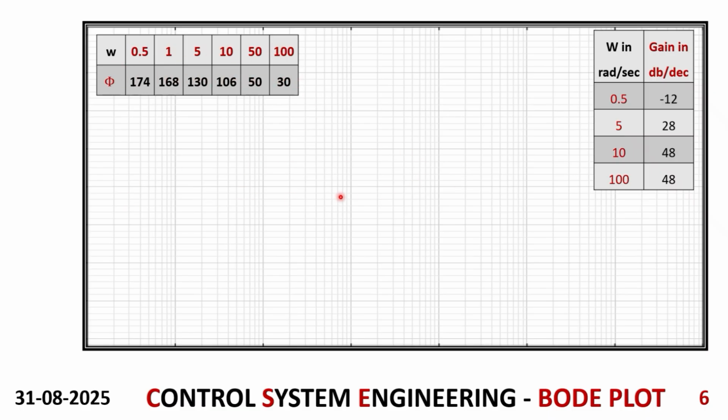Choosing the scale in the semilog sheet is very important. So we'll take the scale values as 0.1, 0.5, 1. When you see, the difference of 1 is from here to here. So next will be 5, 10, 50, 100 omega in radian per second. The corresponding gain you have obtained is from minus 12 to 48.